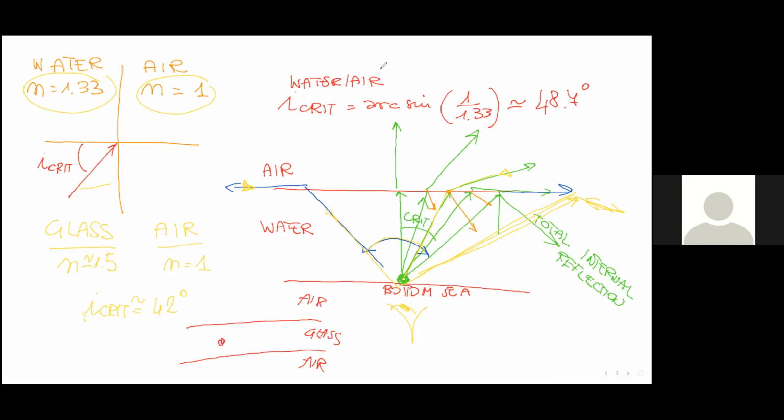Then light that is here, and it is propagating, if it is propagating at an angle larger than 48 degrees, will be trapped in the sheet. And you get a waveguide. If it is a cylinder, you get an optical fiber, and so on. The basic phenomenon is called total internal reflection.